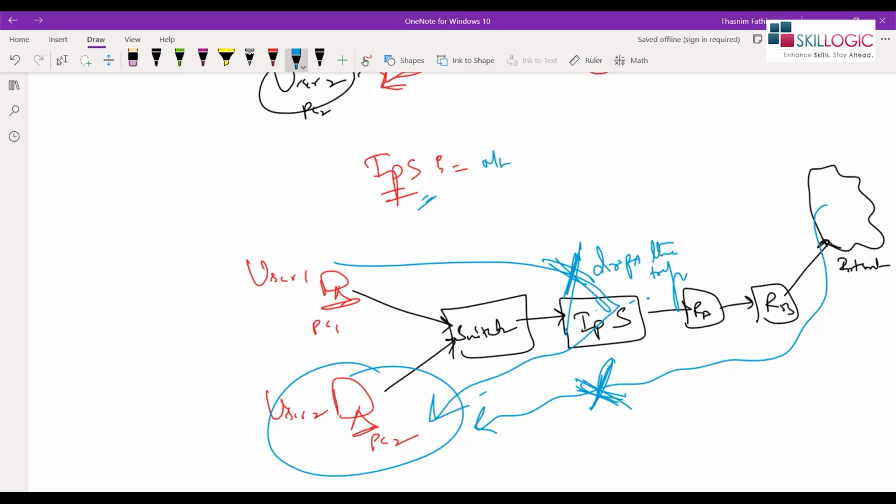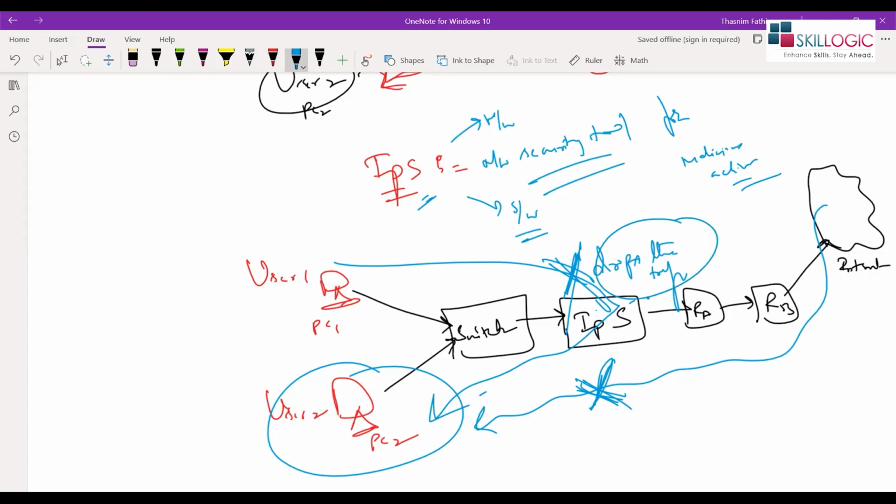The intrusion prevention system is also a network security tool. It can be hardware or it can be software, which continuously monitors your network for malicious activity, and it takes action to prevent it. It can report, it can block, it usually drops the traffic suddenly when it occurs.